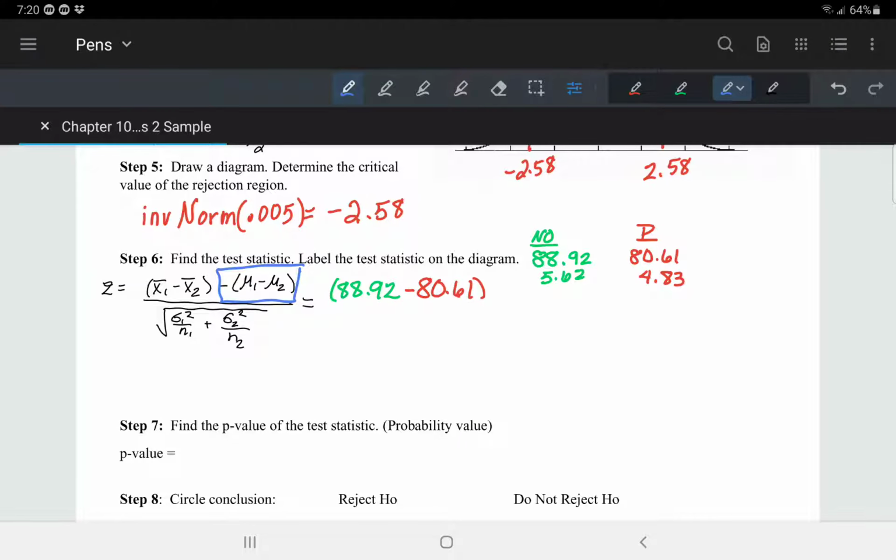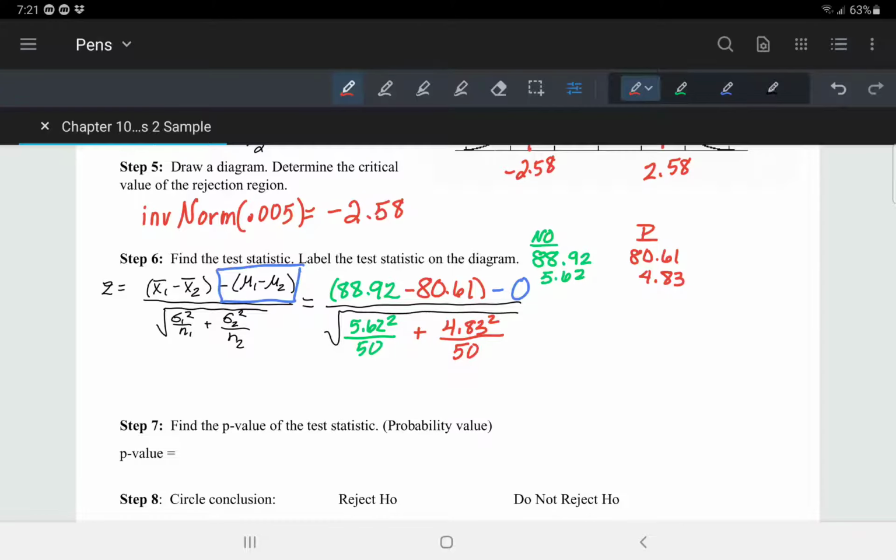That comes from the null hypothesis, and from the null hypothesis, mu1 minus mu2 would be equal to 0. Then we have to take the square root of the first standard deviation, 5.62 squared, divided by n1, the number in that sample, which was 50. And then we do the same thing for Phoenix, whose standard deviation was 4.83. Square that, and there was 50 in its sample as well.